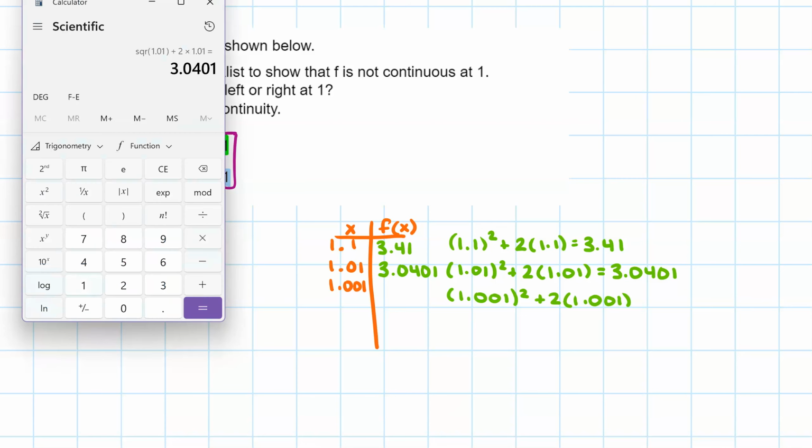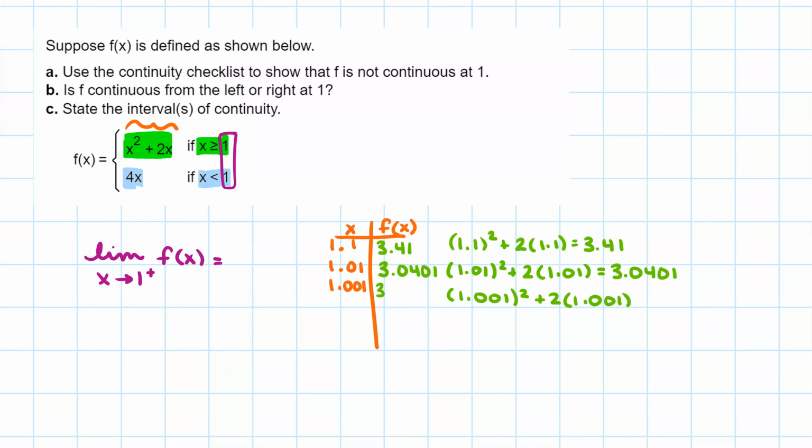In our calculator, that's 3.00401. So as I come towards 1 from the right, using that green function, because those were all the x's to the right of 1, the function is getting closer and closer to 3.